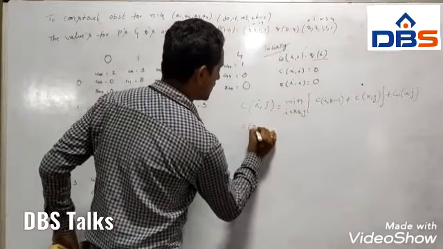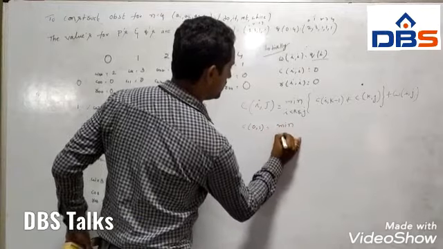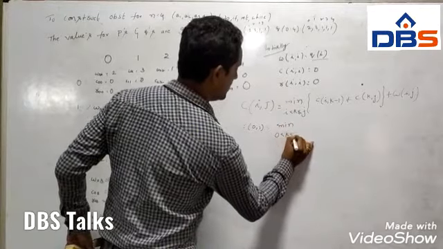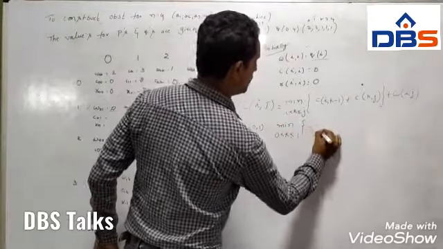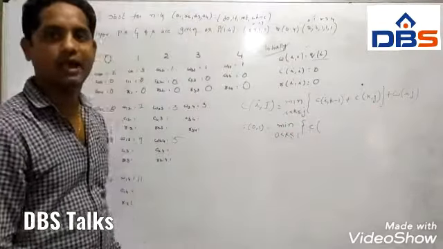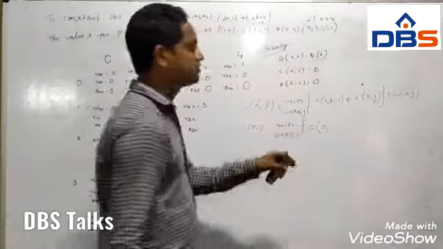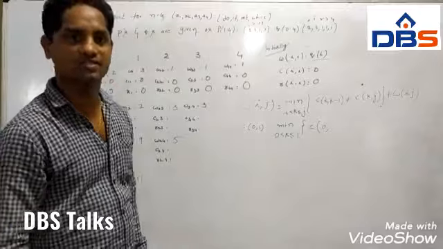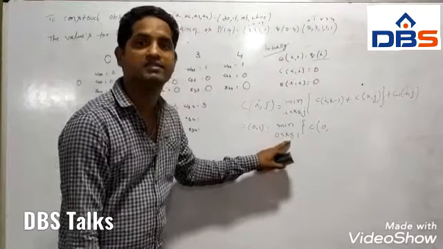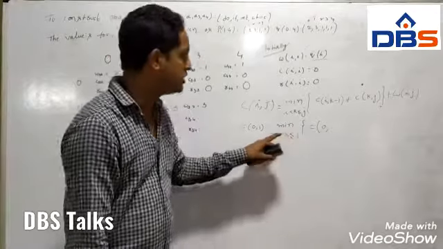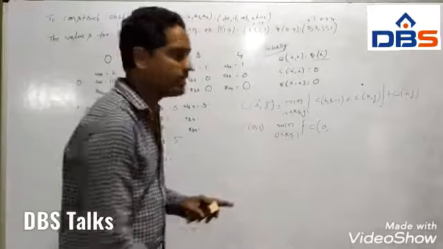C of 0 comma 1 equals min over 0 less than k less than or equal to 1 of C of i comma k minus 1, with i equal to 0. So how do we assign the k value? The condition is 0 less than k less than or equal to 1. We assign the k value that satisfies this condition.